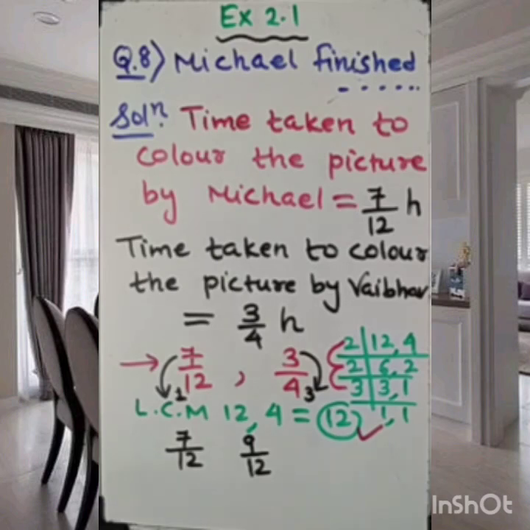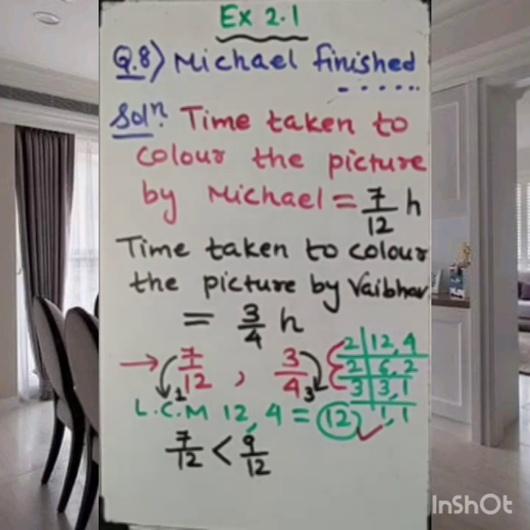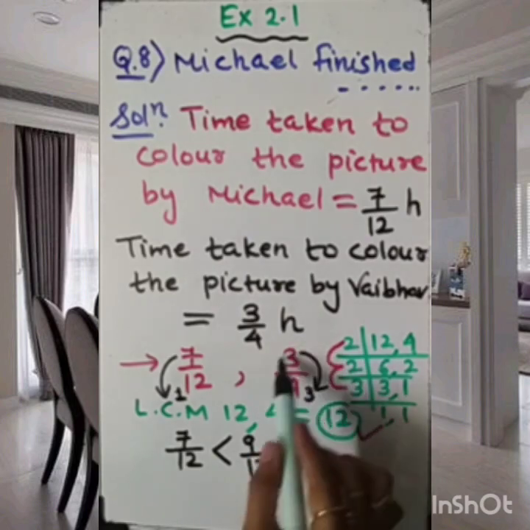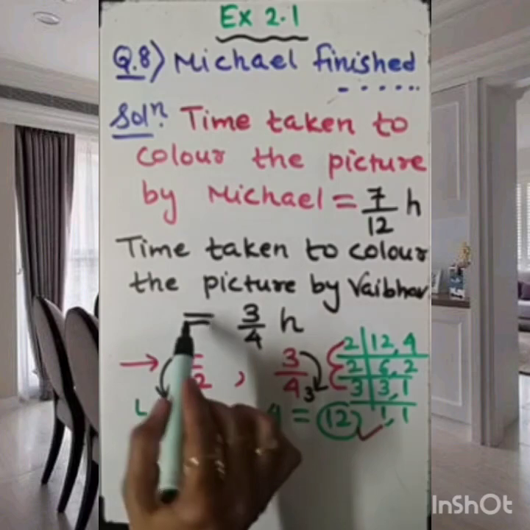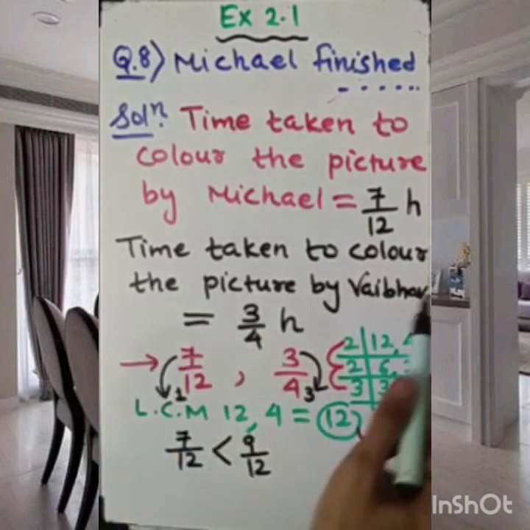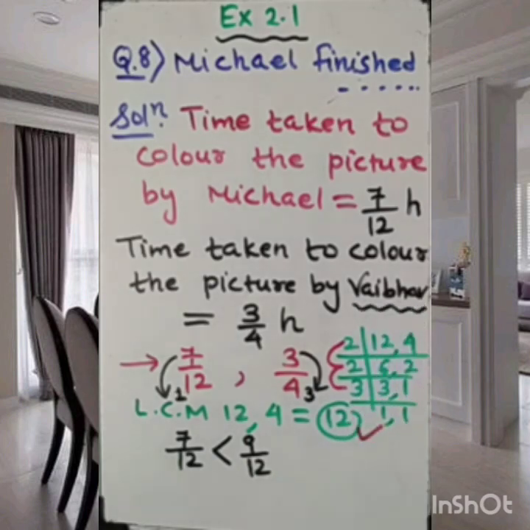Now it's very easy to judge who worked longer. Of course, it is 9 by 12. 9 by 12 means 3 by 4. This is longer hours. So 3 by 4 means the time taken to complete the picture in 3 by 4 hours, that is Vaibhav.